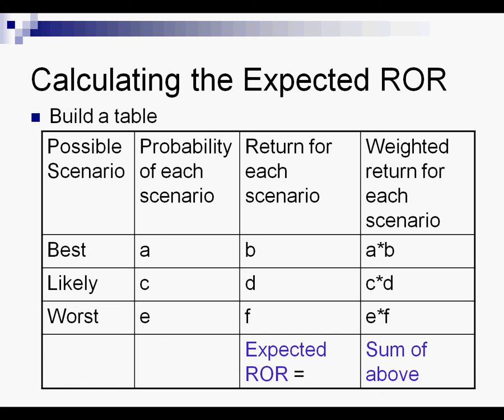There's also a formula, and I believe it's in the book, that shows you how to do this. The idea is that you take each scenario, best, likely, and worst, the probability of each scenario, and the return for each scenario. You multiply the probability for each by the return for each, and that gives you the weighted return for each scenario. You sum that up, and that will equal your expected rate of return, which is often called the ERR.